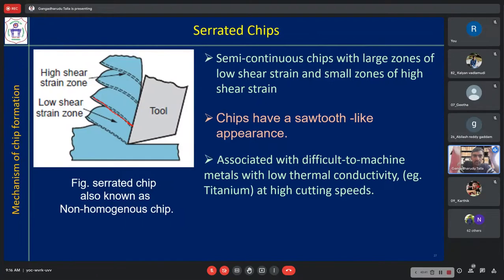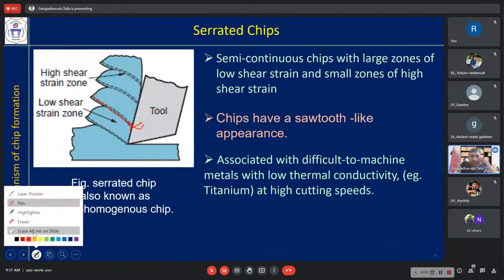So at this location, whenever the tool tip was in contact here, shearing is taking place. But material ahead will also break due to brittle fracture. So your tool is going inside due to some small crack. That's why both are taking place.